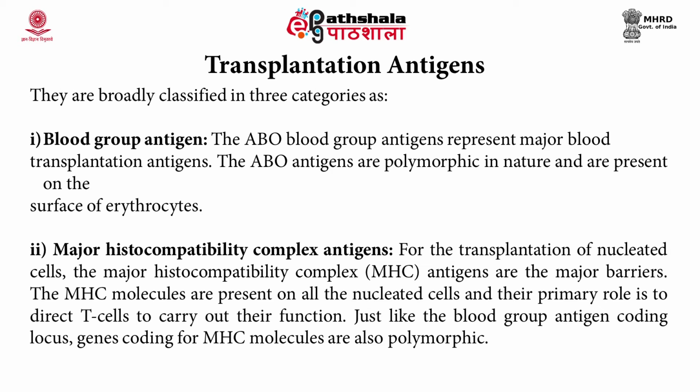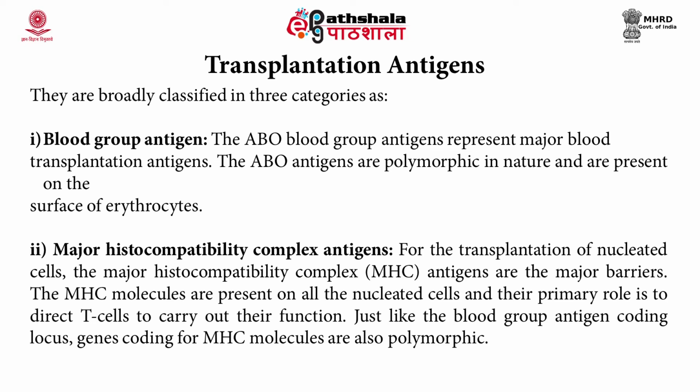Another type of transplantation antigen is the major histocompatibility complex antigens. For the transplantation of nucleated cells, the major histocompatibility complex antigens, that is MHC, are the major barriers. The MHC molecules are present on all the nucleated cells and their primary role is to direct T cells to carry out their function.